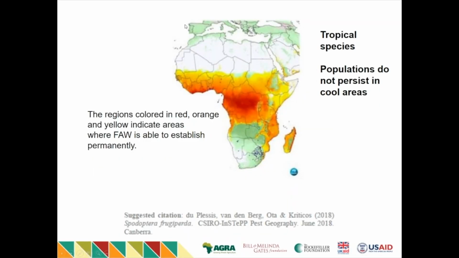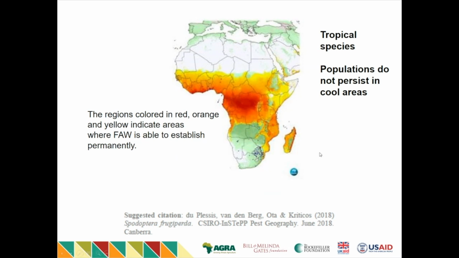To end the biology section of this module, fall armyworm is a tropical species, meaning it likes hot and humid conditions, and populations do not persist in cool areas. The infestations we get in cool areas with cold winters, in the following season, are due to invading populations.